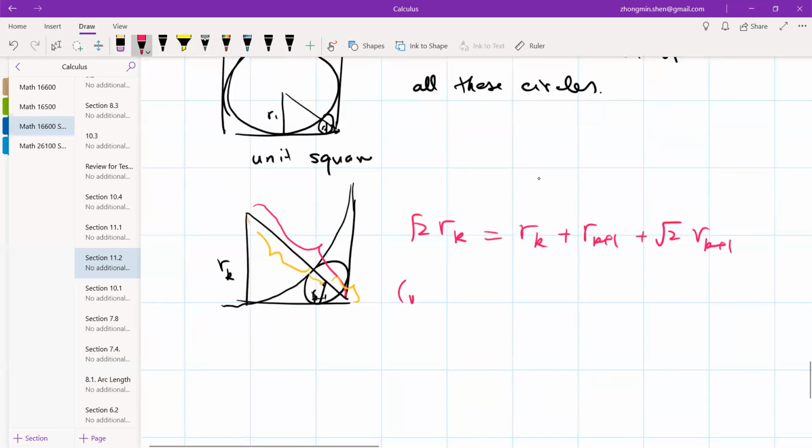If you move that, you get (square root 2 minus 1) R_k equals (square root 2 plus 1) R_(k+1). So the relationship is given by this formula.